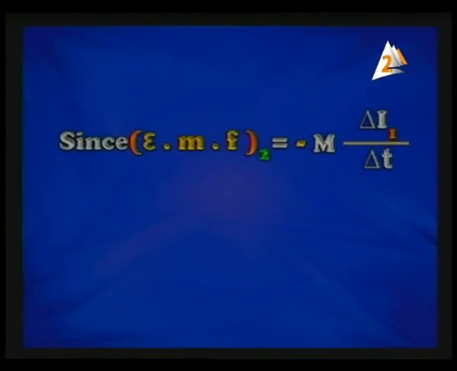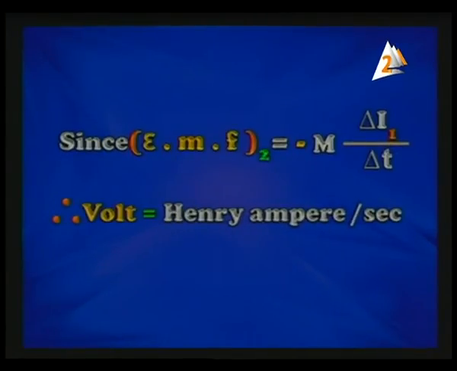Since the EMF on the secondary coil is equal to minus M delta I1 over delta t, talking about the units, EMF is measured in volt, inductance in Henry, current in ampere, and time in seconds. So volt is equal to Henry ampere per second.